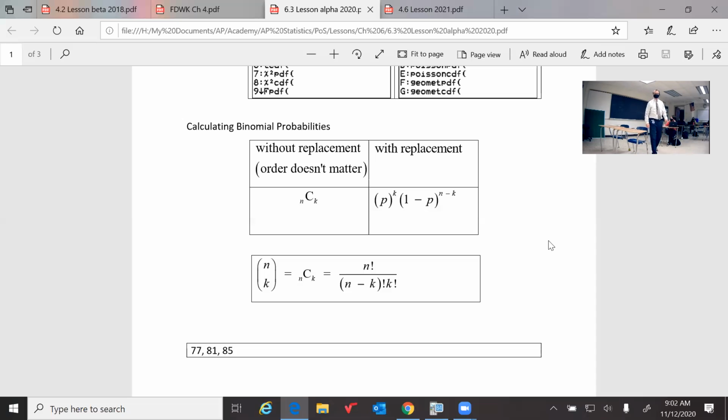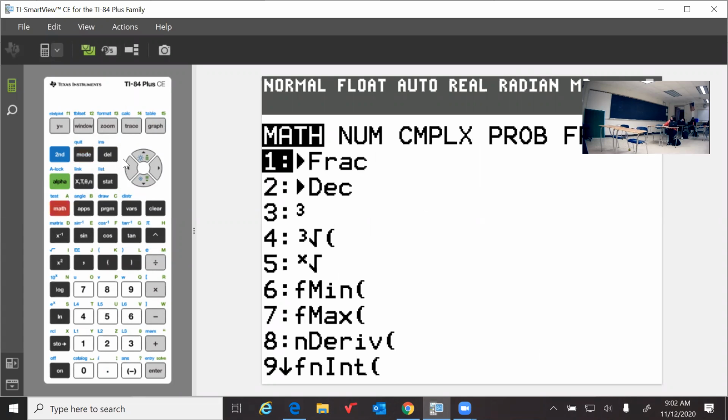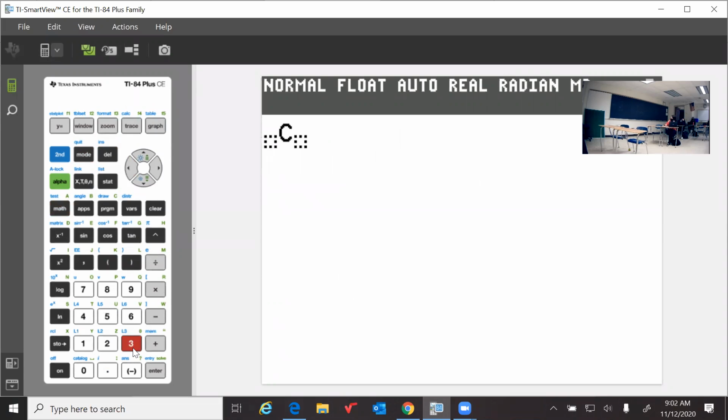Like you go here on the calculator. Ready? 3 choose 1.